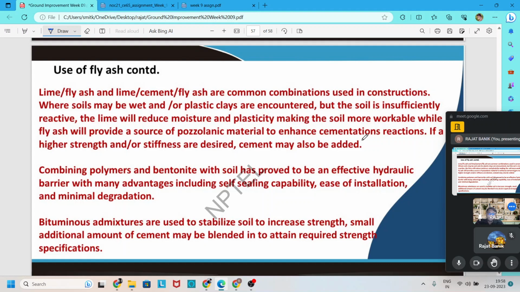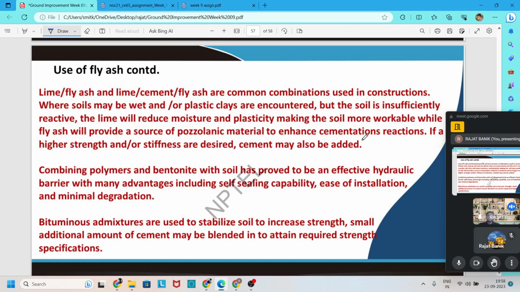Combining polymer and bentonite with soil has proved to be an effective hydraulic barrier with many advantages, including self-sealing capability, ease of installation, and minimal degradation. So sometimes another additive like polymer or bentonite is used to improve the hydraulic property, or we use it as a hydraulic barrier.